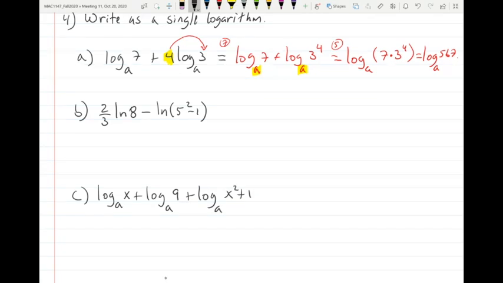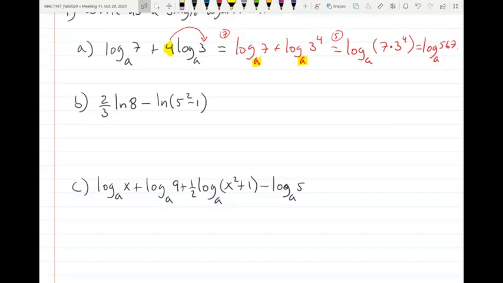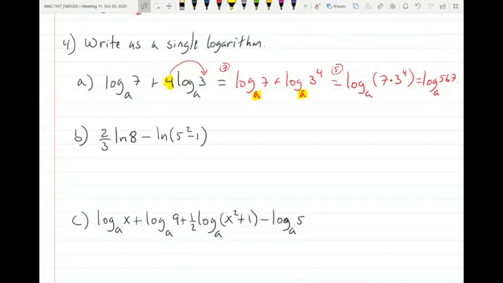Okay, let's make it more interesting. So let's put in a 1/2 here. And then minus log base A of 5. Right, and then I want to write a couple more, but let's first do this. Okay, so let's see for B.